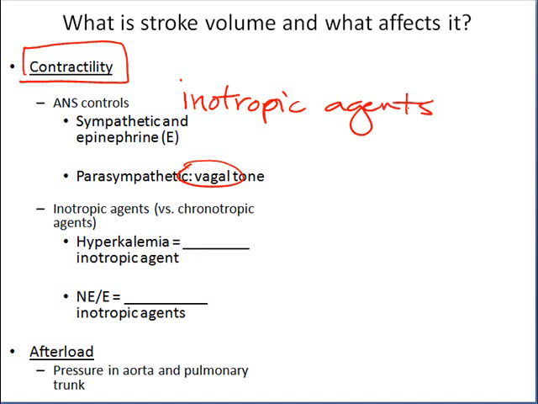And you can have positive inotropic agents. Those are ones that increase levels of contractility. So for example, the release of epinephrine would be a positive inotropic agent. And you can have negative inotropic agents, and those are those chemicals or factors that diminish the strength of contractions, such as signals along the vagus nerve from the parasympathetic nervous system.